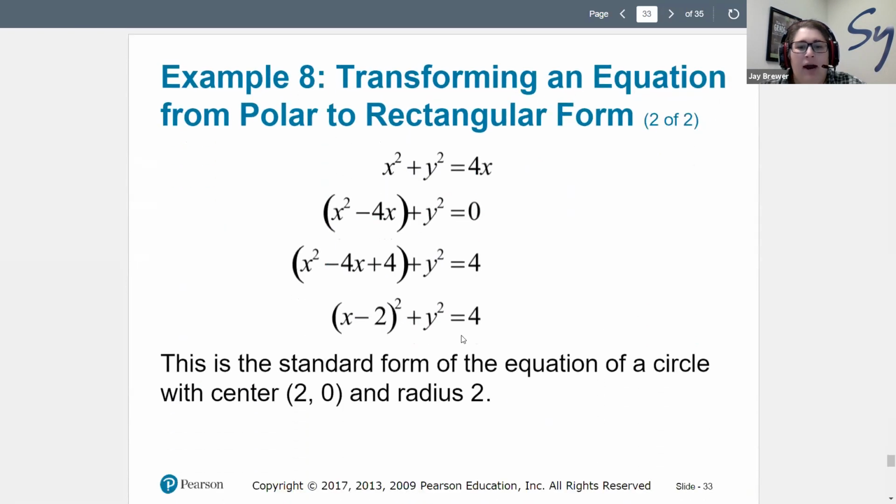All right, so if we write it in standard form, then we see that the circle has a center at (2, 0), which means we have a radius of 2. Okay, so that's going from polar to rectangular.